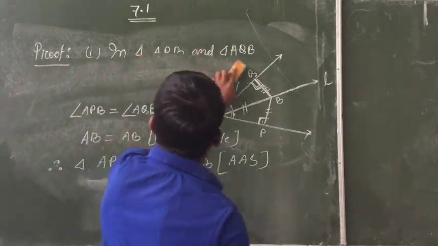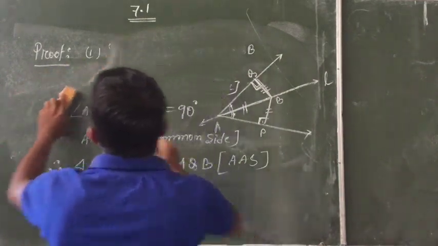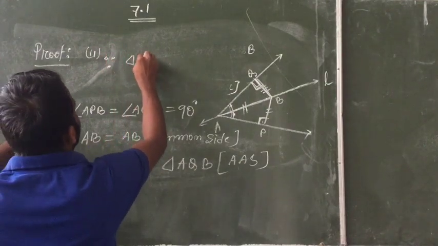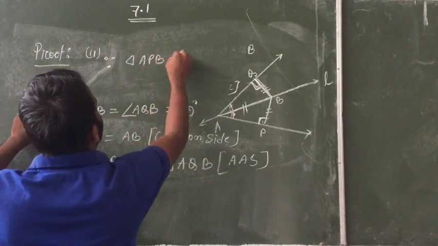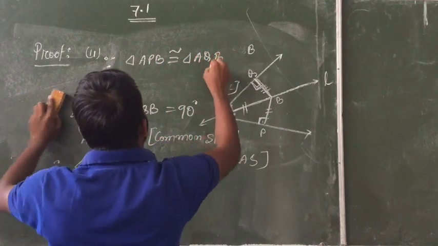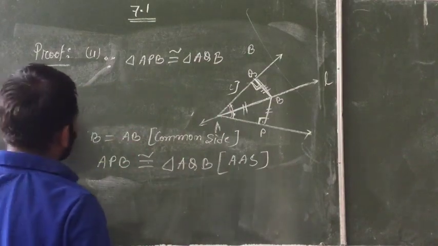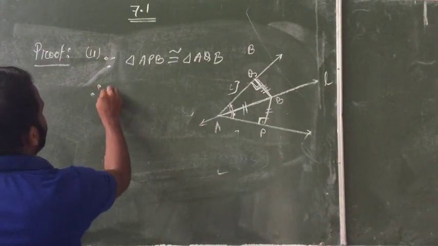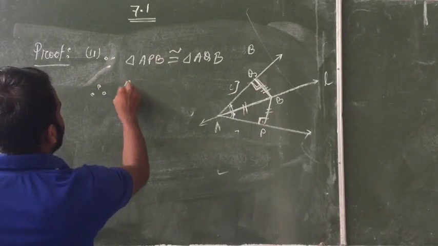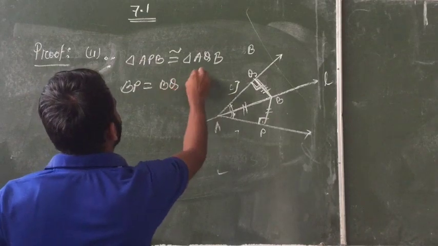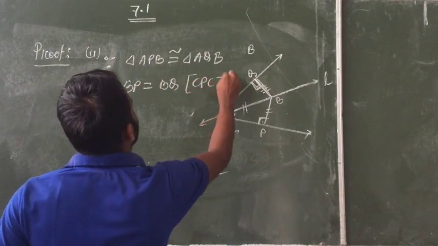So two, since triangle APB is congruent to triangle AQB, we have proved it in number 1, therefore the side BP is equal to BQ, CPCT.